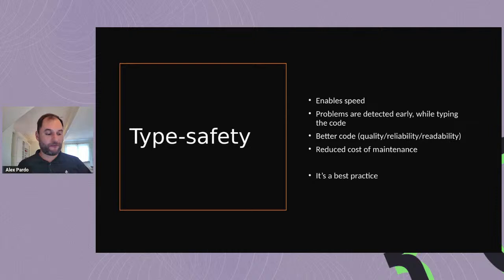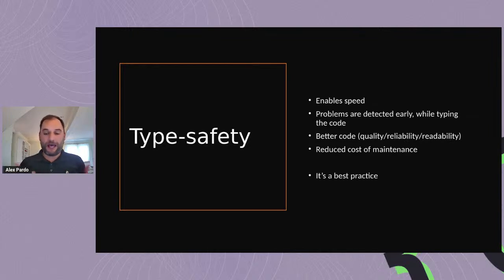So if your TypeScript application is not leveraging strict null checks, we're mostly ditching all the benefits that type safety brings to us, right? And type safety will give you more speed for development and for catching issues. Problems are detected early. I wouldn't even say detected early, because they never come to be.